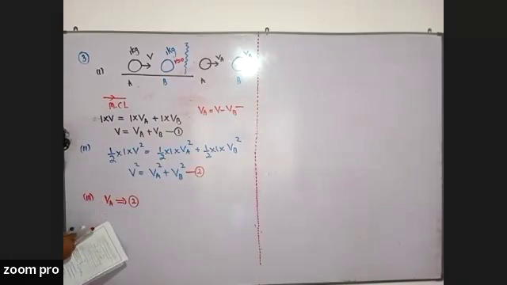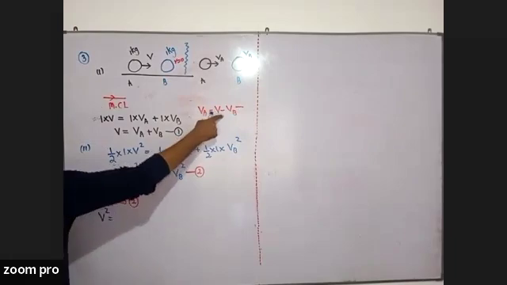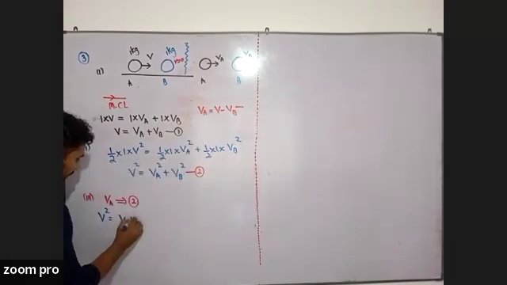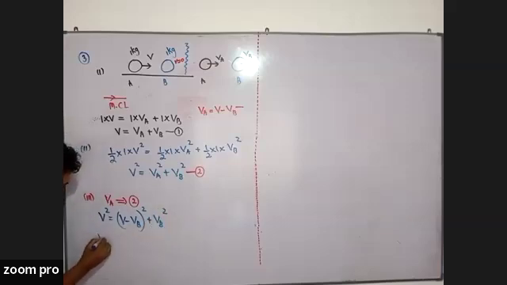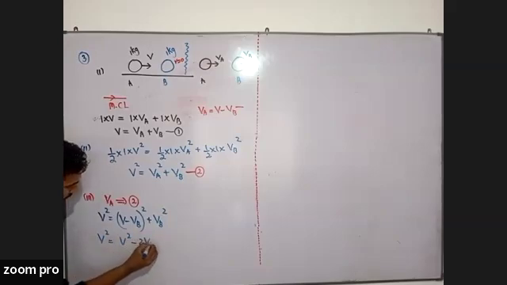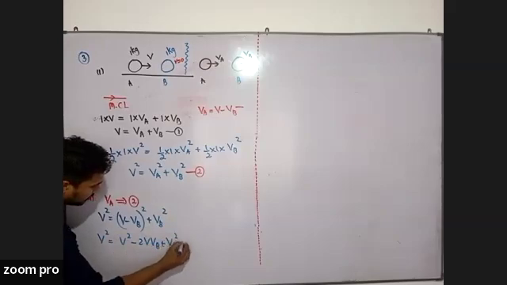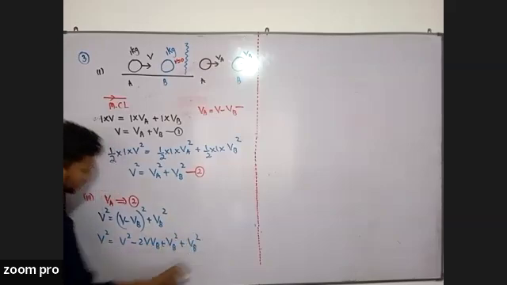Here we have V squared equals, instead of VA, I'm going to substitute this one, that is (V minus VB) squared plus VB squared. Then V squared equals V squared minus 2V VB plus VB squared plus VB squared.